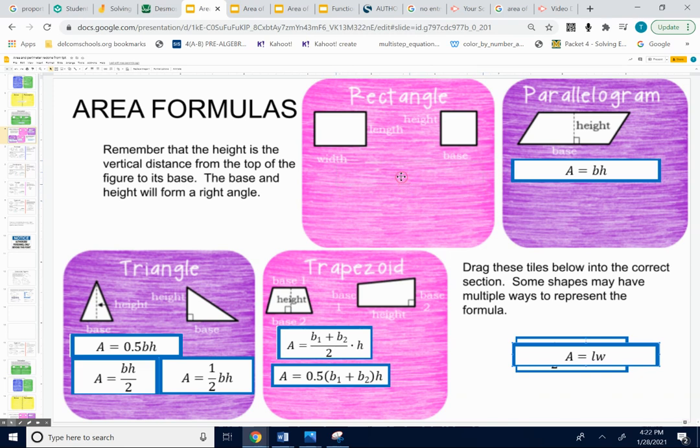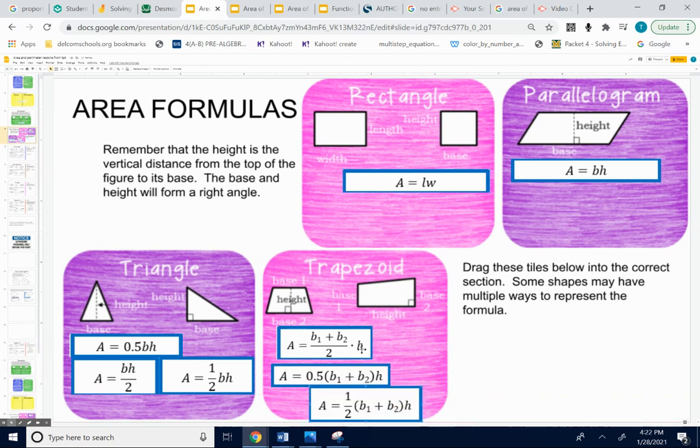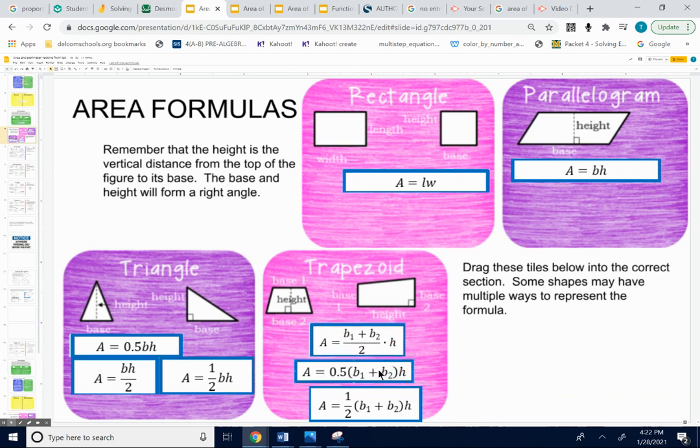Okay, that'd be a rectangle. Okay, 1/2 times base 1 plus base 2 times height. Okay, that's another trapezoid formula. So you can see all those. Okay, so that's all the formulas.